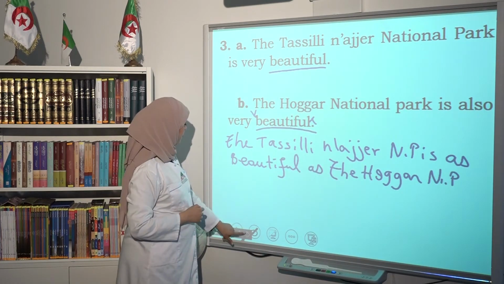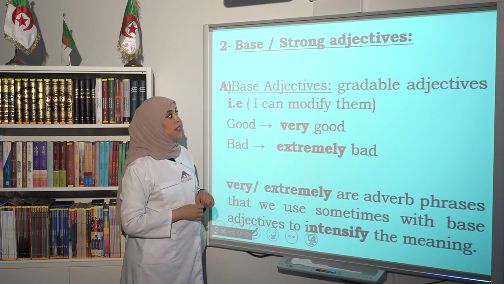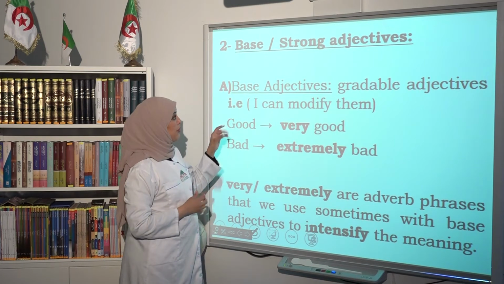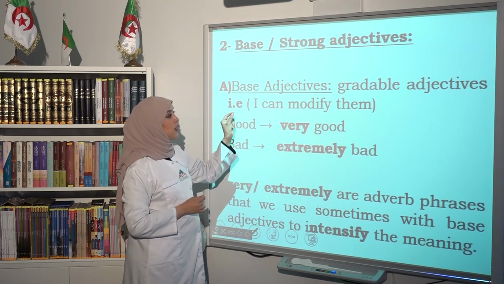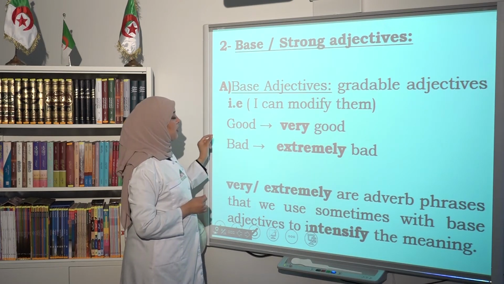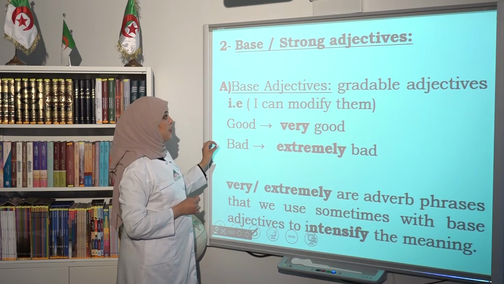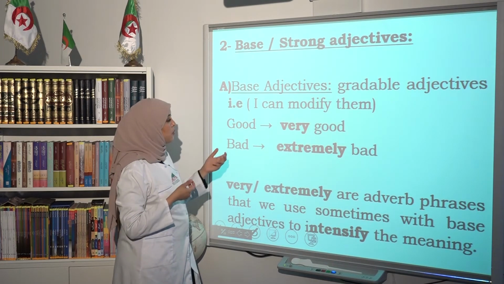I think so. Now, moving on to another lesson. This one would be base and strong adjectives. Briefly, base adjectives are gradable adjectives, i.e. I can modify them. What does it mean? Here I have good and bad. These are considered to be base adjectives. We can intensify them by using what? By using adverb phrases.